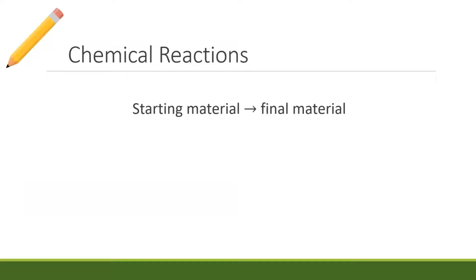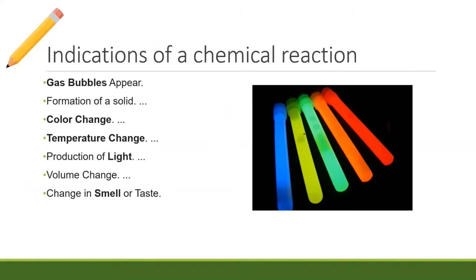Okay. Right, starting material, final material. We have names for these. We call these reactants and products. And then we talked about these 7 signs that something's changed in a chemical reaction. You don't necessarily need to be able to memorize each of these, but you need to be able to identify them.